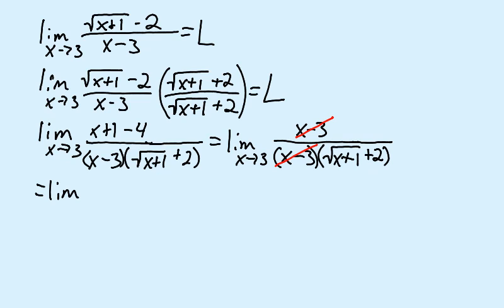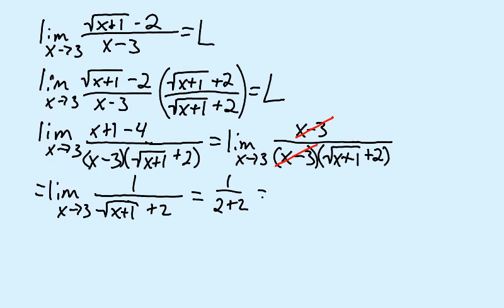And this leaves me with the limit as x goes to 3 of 1 over the square root of x plus 1 plus 2. Plug in my 3, and I'll end up getting 1 over 2 plus 2, which is 1/4.